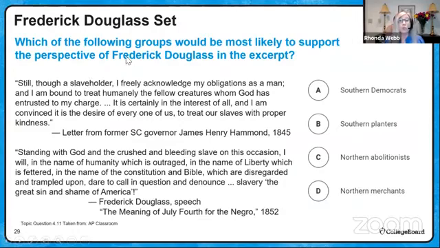Which of the following groups would be most likely to support the perspective of Frederick Douglass? So it's going to be point of view. So who would support Frederick Douglass's approach here? So you've got the governor who's still a slaveholder, and he's not saying he's going to give up his slaves anytime soon.